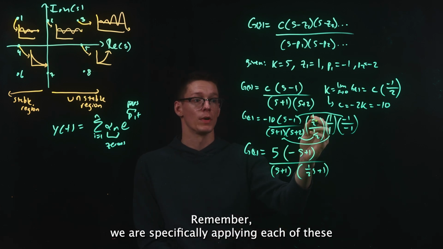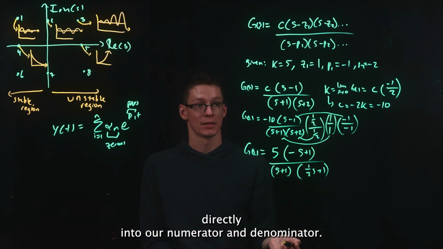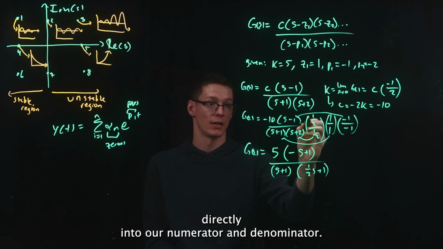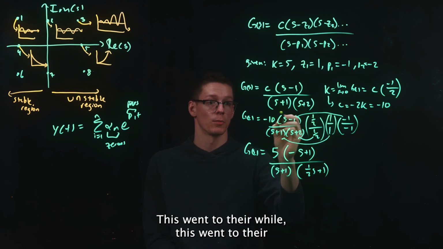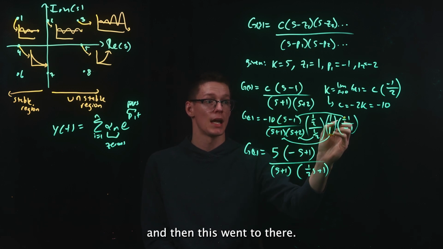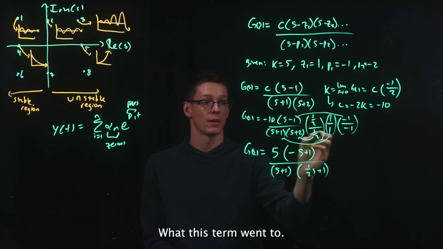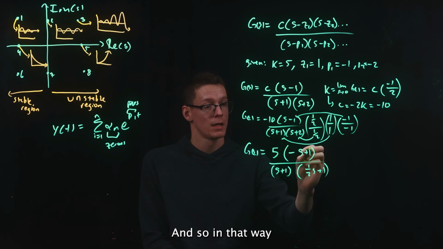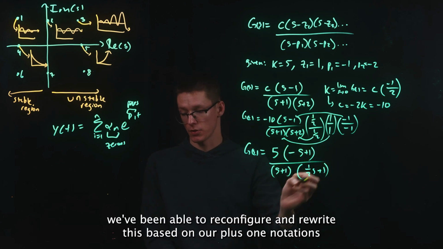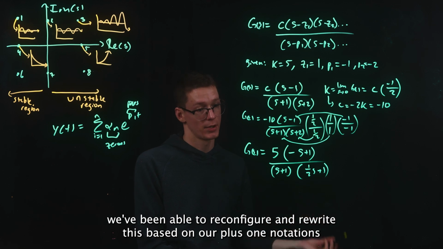Remember, we are specifically applying each of these directly into our numerator and our denominator. This went to here, while that went to there. This went to there, while this went to there. And then this went to there, while this term went to there. Pretty standard.